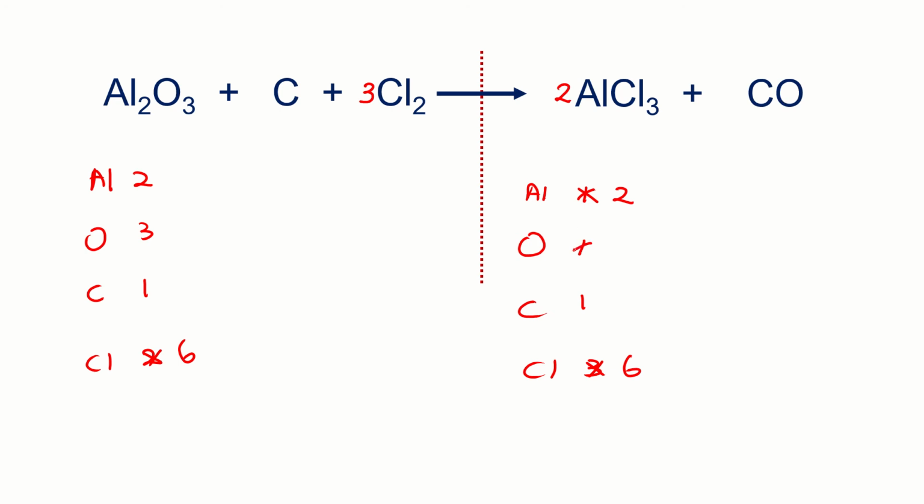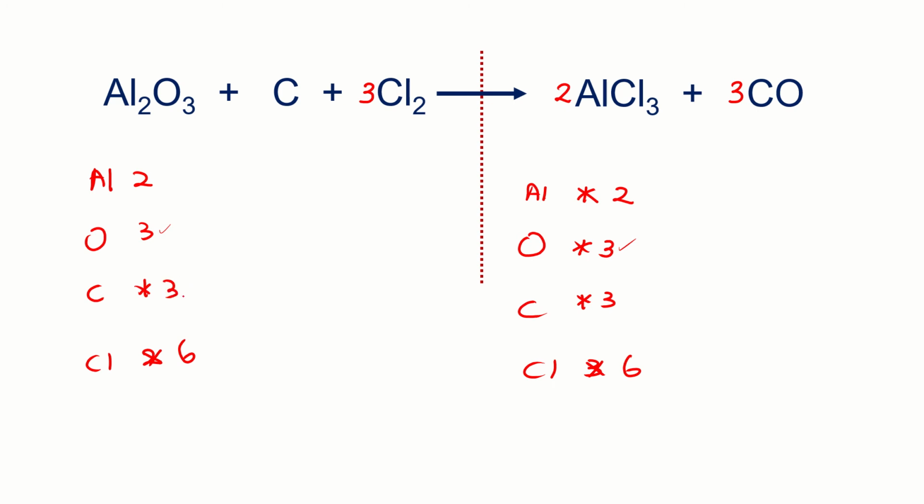So let's change the number. If you want to make 3 oxygens here, then you have to put the coefficient 3. Now you managed to change the number of oxygens, but what did it do to the number of carbons? Now 3 multiplied by 1 is going to be 3 carbons. If you have 3 carbons on this end, you should have 3 carbons over here.